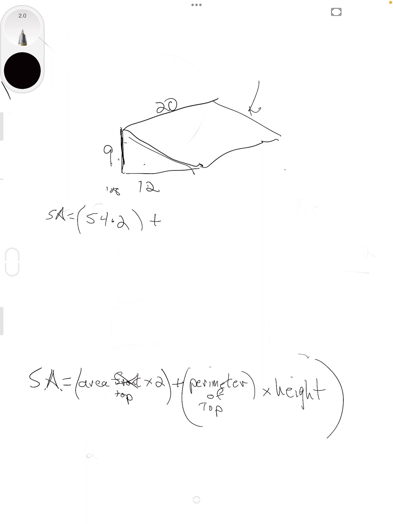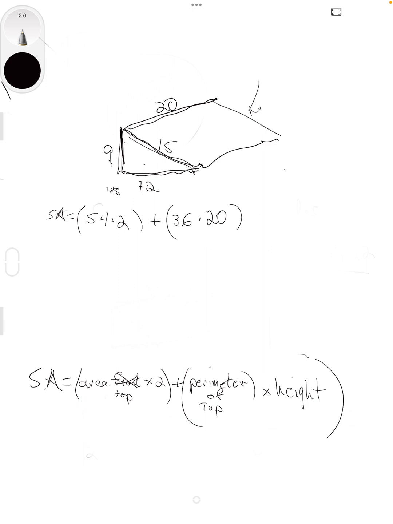So plus the perimeter of the top, well, I have to tell you, this piece here is 15. So the perimeter of the top is 9 plus 12 plus 15. 9 plus 12 is 21, plus 15 is 36. That's the perimeter of the top times this, 20.